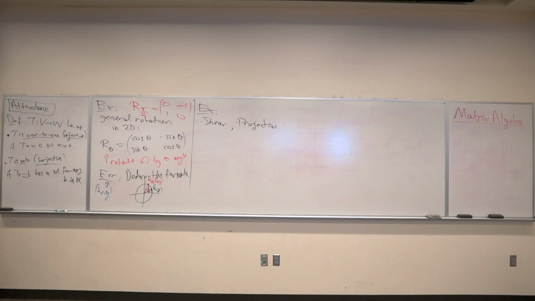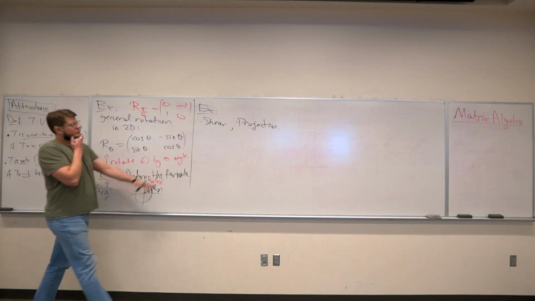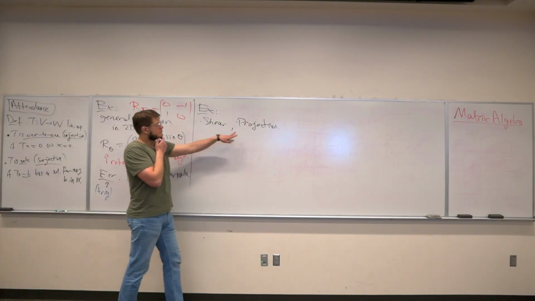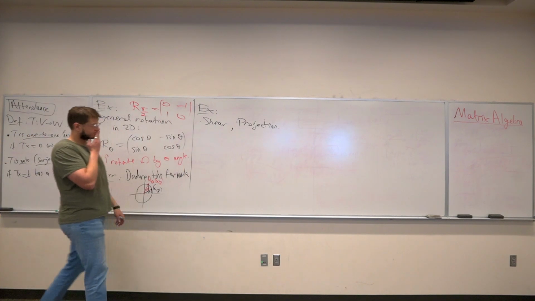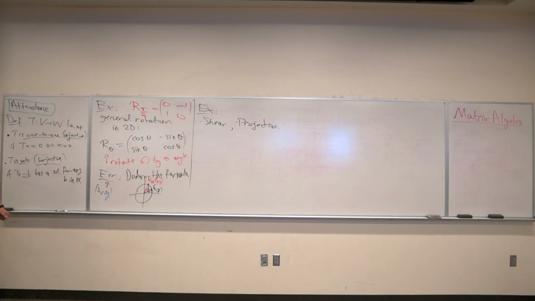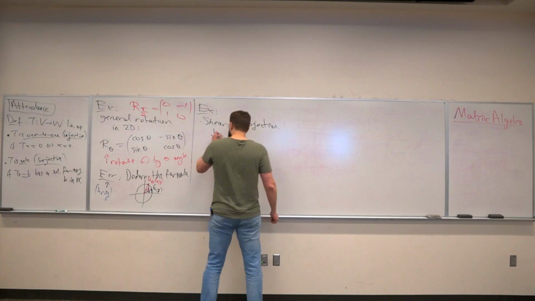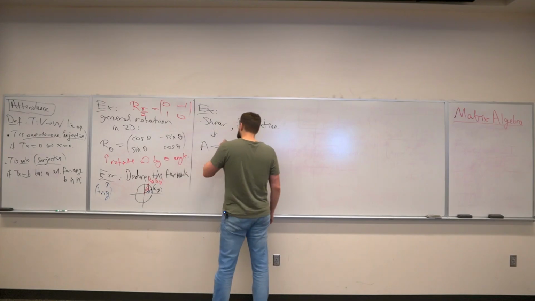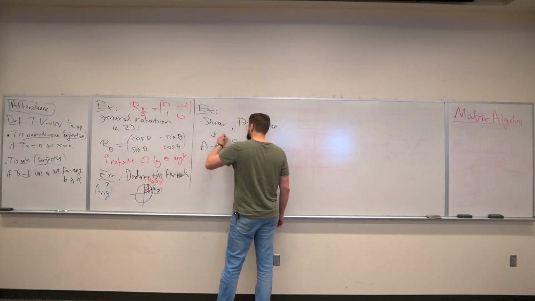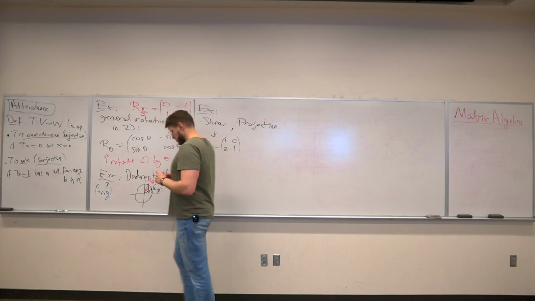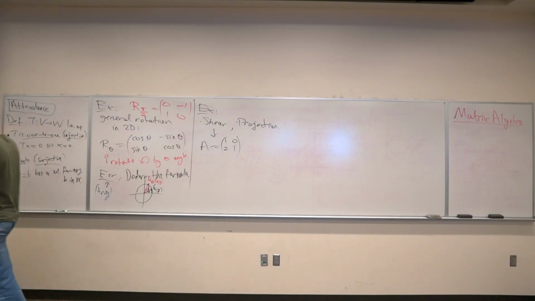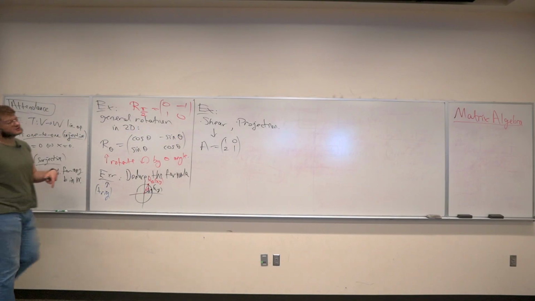2 more types of transformations that are important are shears and projections. So here's an example for a shear. For instance, I can say maybe something like this. Shears are either lower triangular or upper triangular.